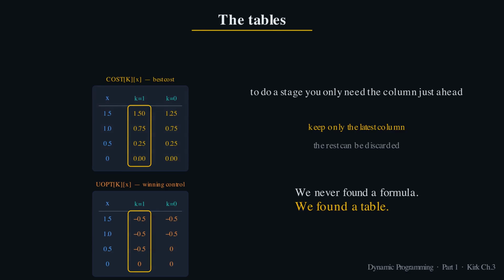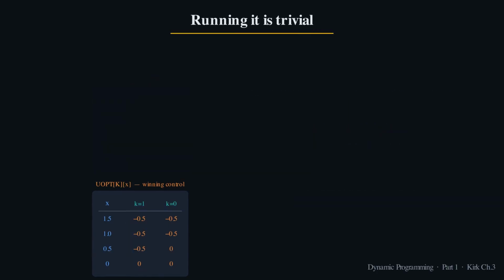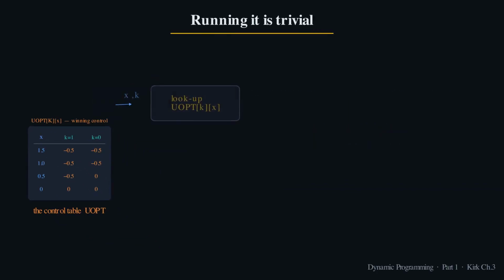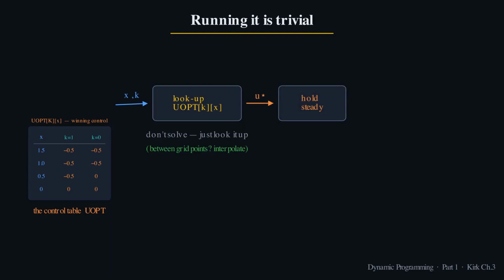And now, running the controller is trivial. The system sits at some state, at some stage. You don't solve anything. You just look that state up in the control table and read off the best move. If the state falls between grid points, you interpolate, exactly as before. Apply that control, let the system step forward and look up the next one.